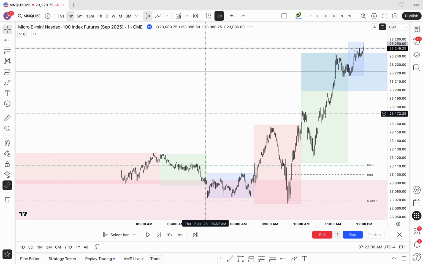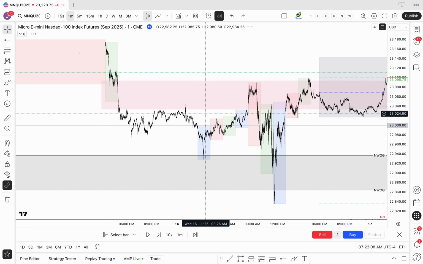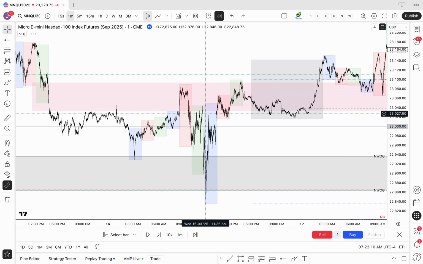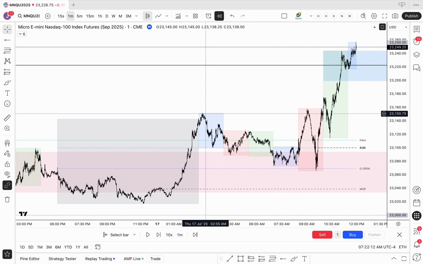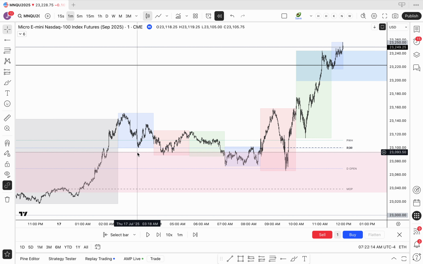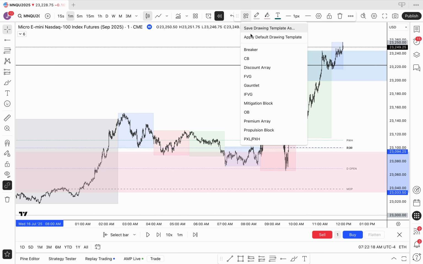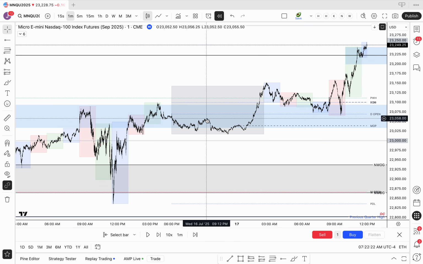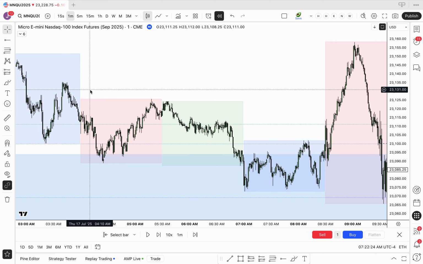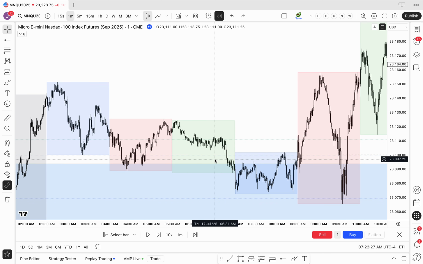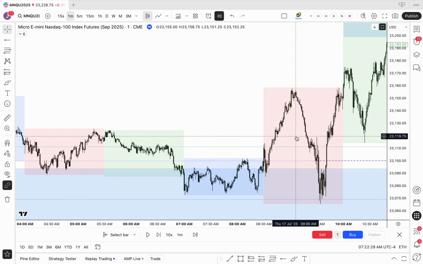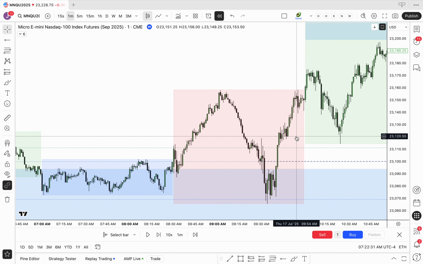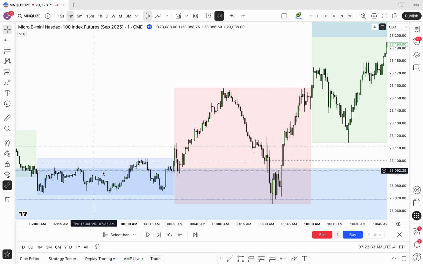We drop lower into the point of interest, being these inverted fair value gaps, which have become now a discount array. So, all this, I don't trade any of that. I trade New York.